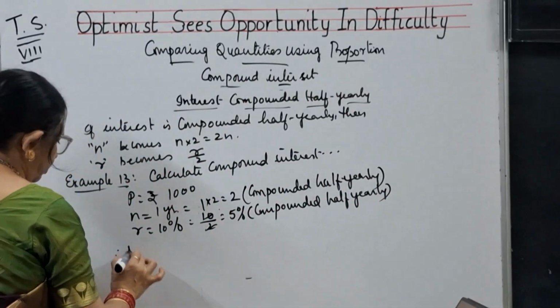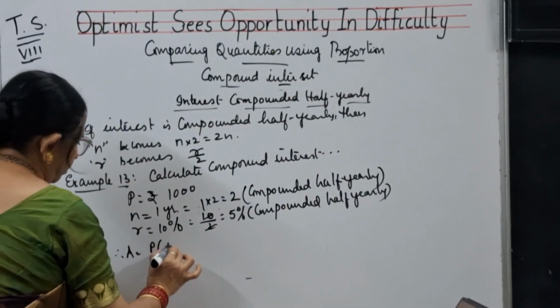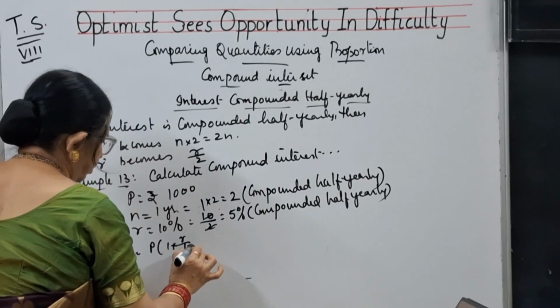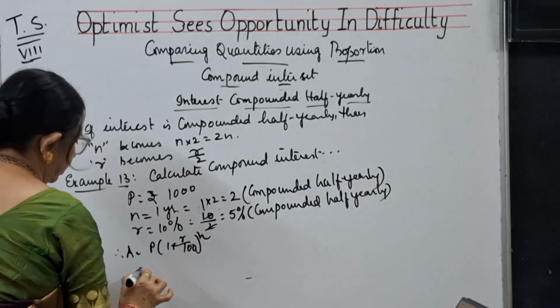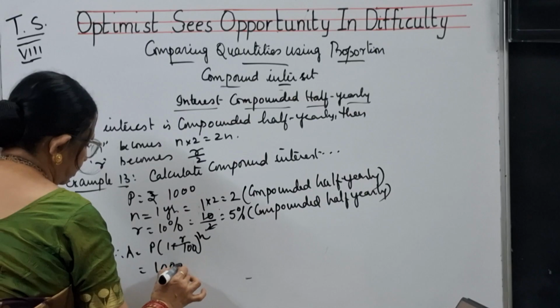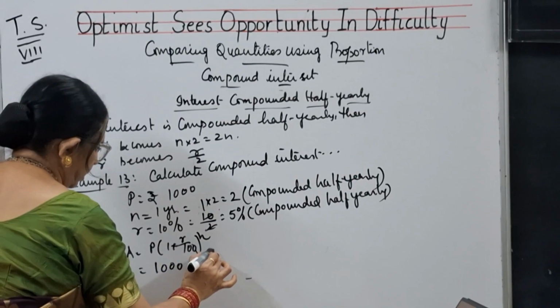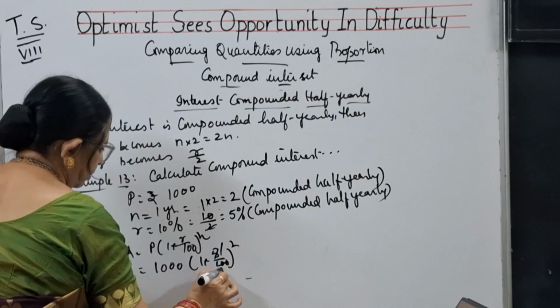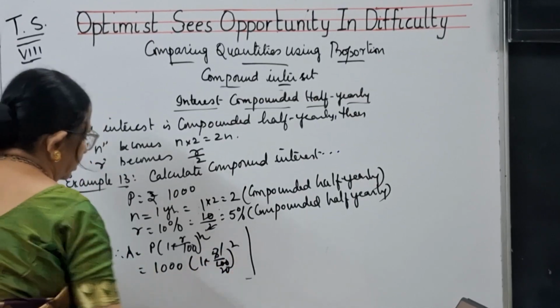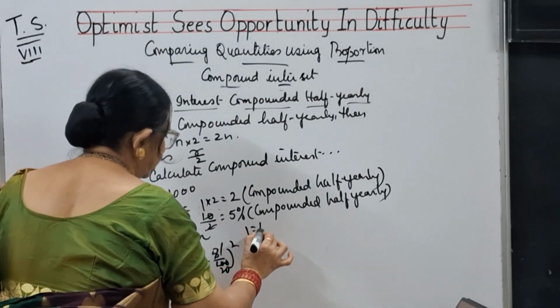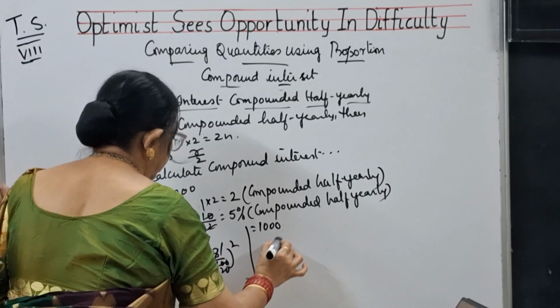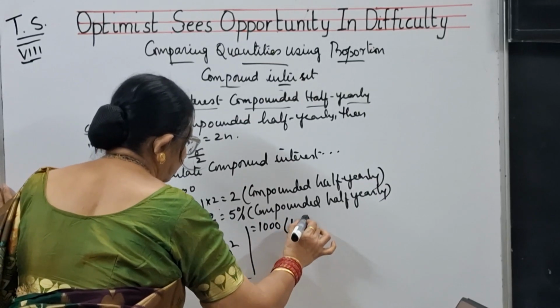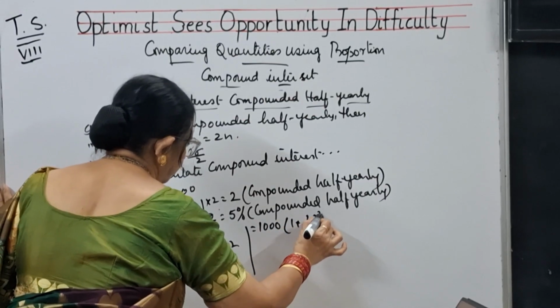So what is the amount, children? P into 1 plus r by 100 whole to the power of n. P is 1000 into 1 plus r is 5 by 100 whole square. So 5 ones are 5, 5 twenties are 100. It is nothing but 1000 into 1 plus 1 by 20 whole square.